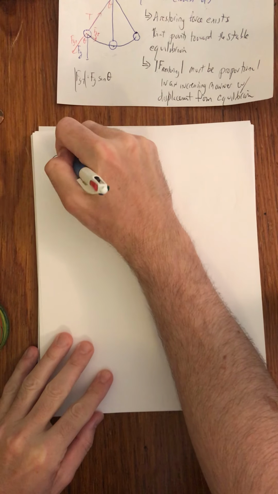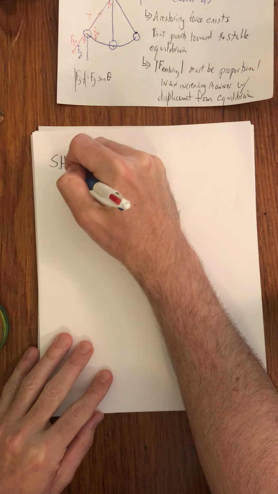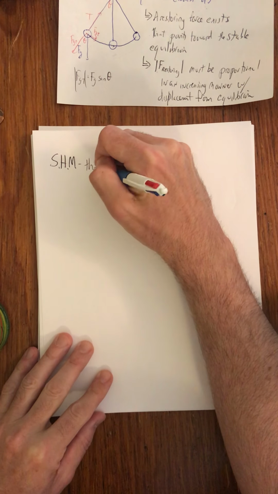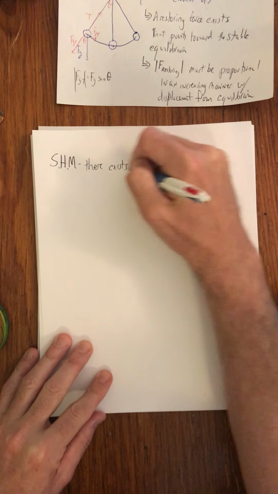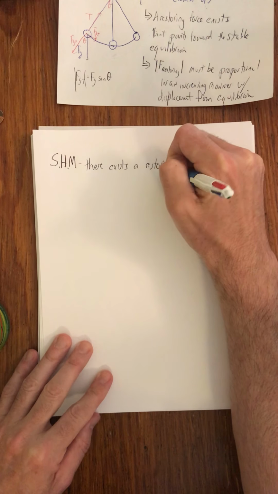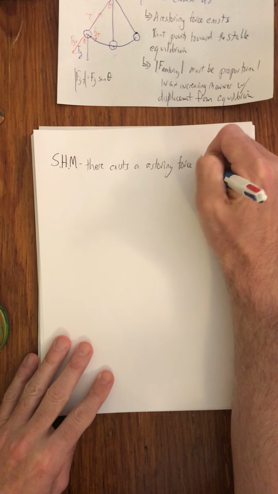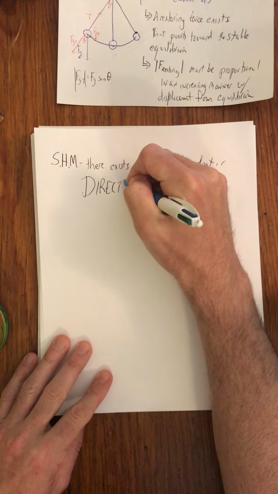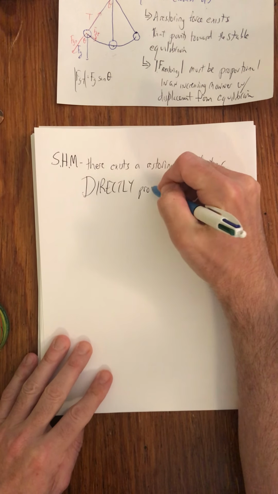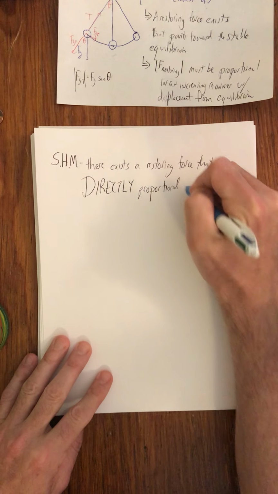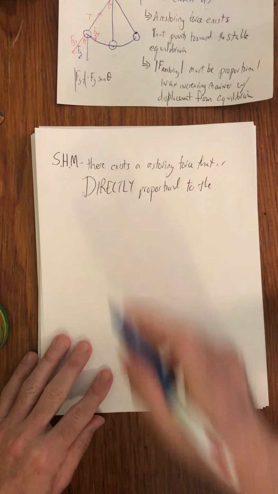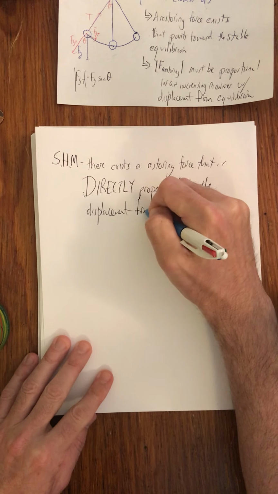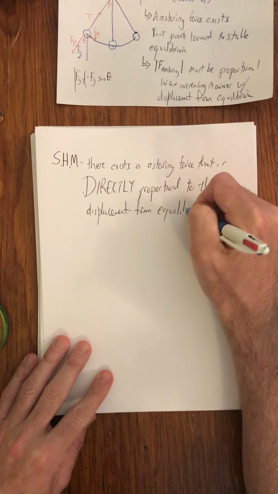And hopefully what you're saying is that it is a direct relationship. And that is the main thing about a simple harmonic motion, SHM, is that there exists a restoring force that is directly proportional to the displacement from equilibrium.